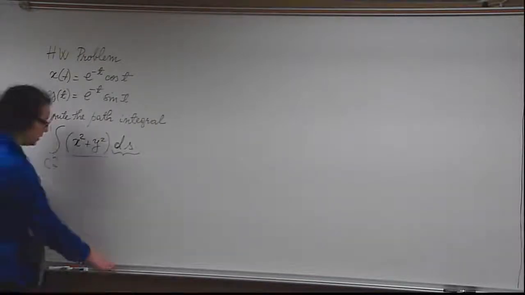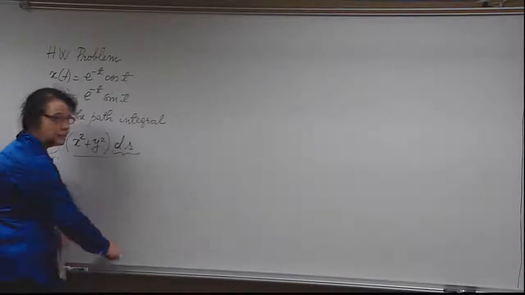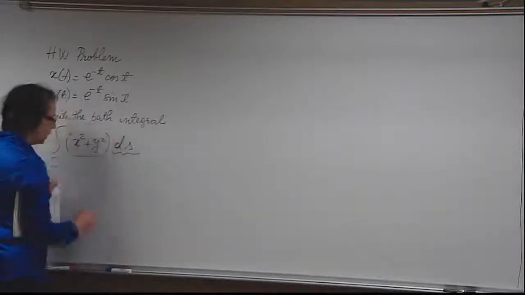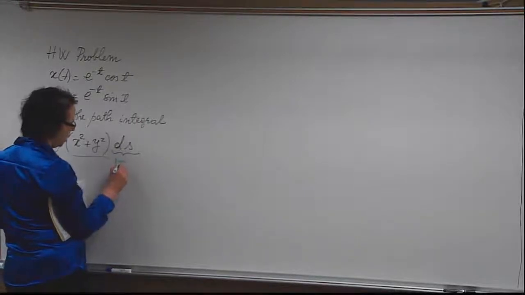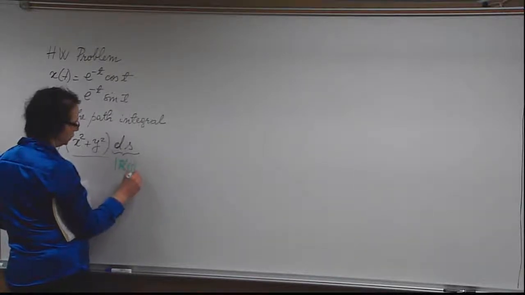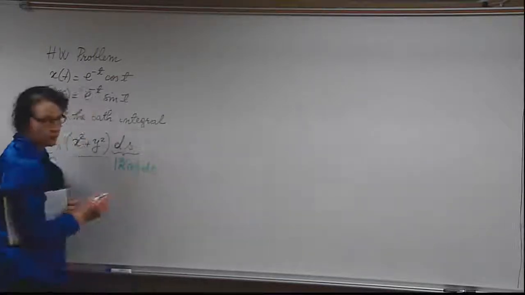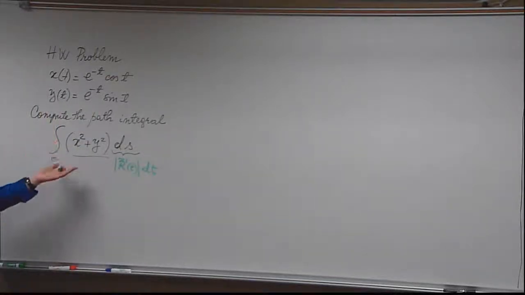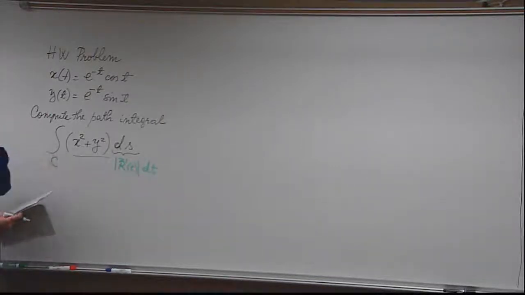Who in the world is the arc length infinitesimal element? It's the speed times dt. Say it again. It's the speed, and what was the speed? r prime of t dt. Right? So you will have to transform this path integral into an integral with respect to t, where t takes values from t0 to t1.